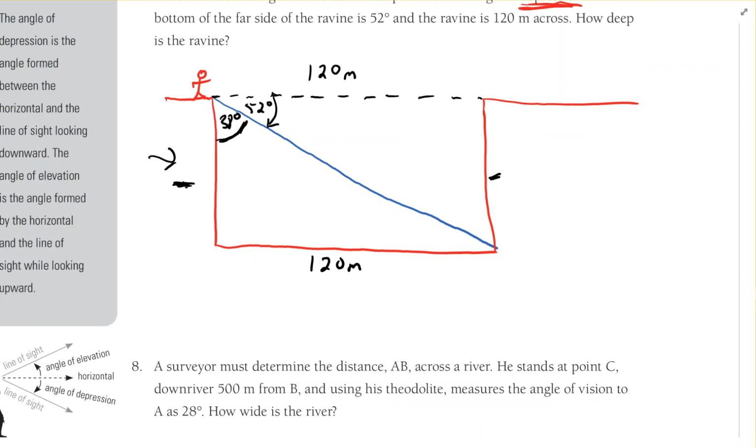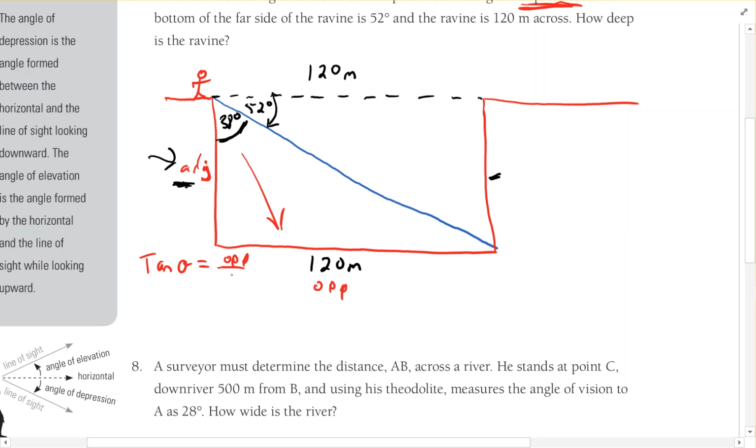So if we did that, we're looking for the adjacent side, right? This is adjacent. And this is going to be our opposite, because the side's opposite to the angle. Okay, so which one of our formulas deals with adjacent and opposite? Well, it's going to be tan, right? The tan ratio. Tan theta is equal to opposite over adjacent.